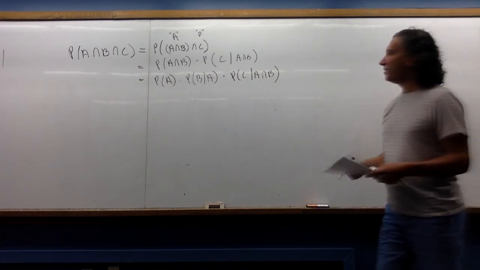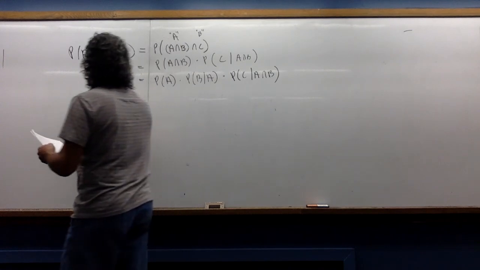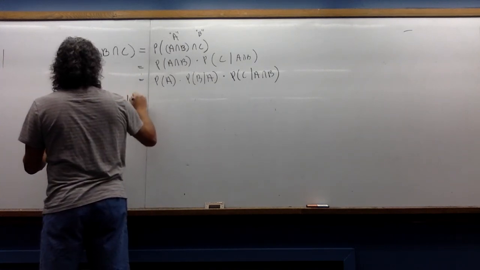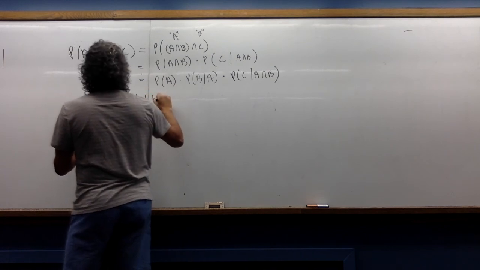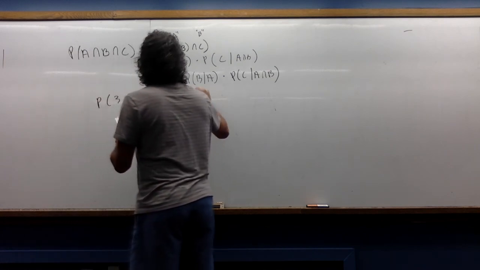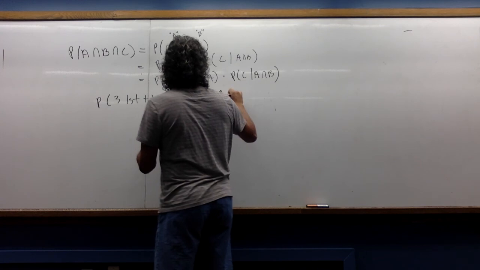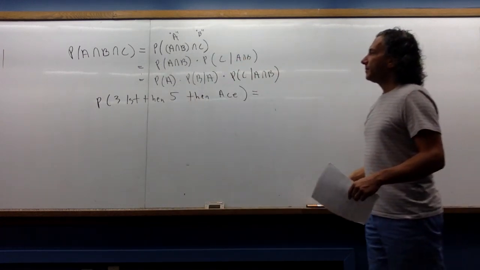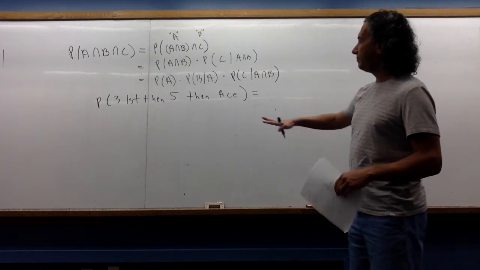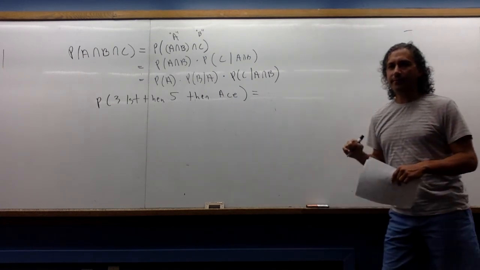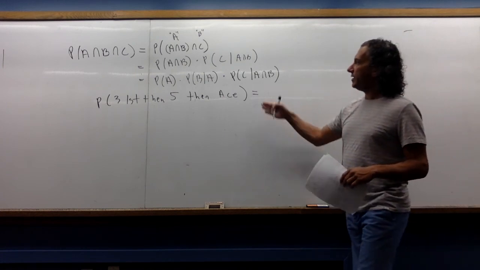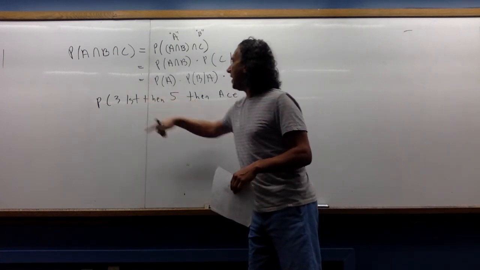So as an example, the power of this result, I want to know the probability of a 3 first, then a 5, then an ace. So we're dealing with the deck of cards here. Well, see if you could figure that out, pause the video. All right, hopefully you said, okay, well, that's just 3 first.